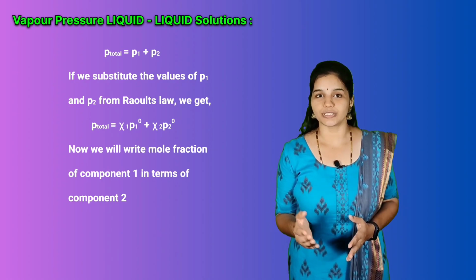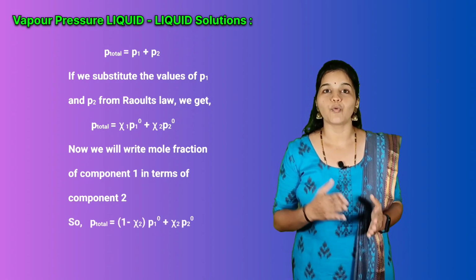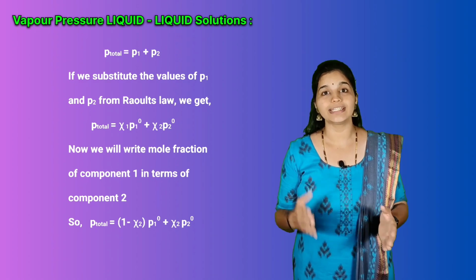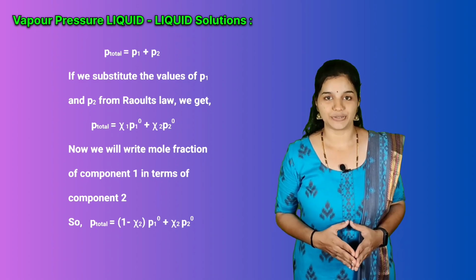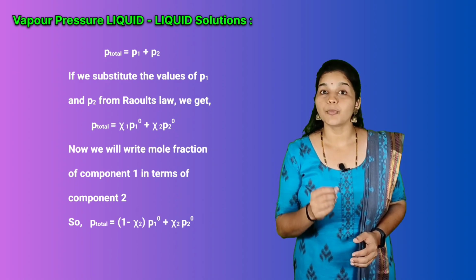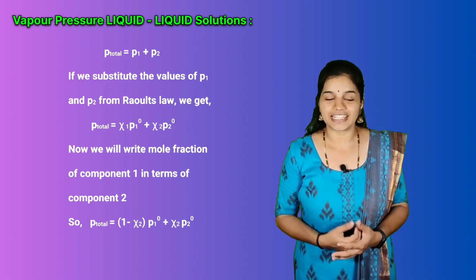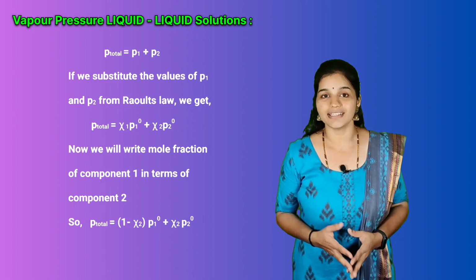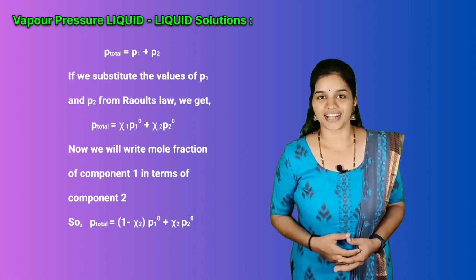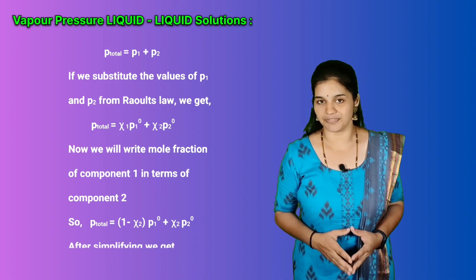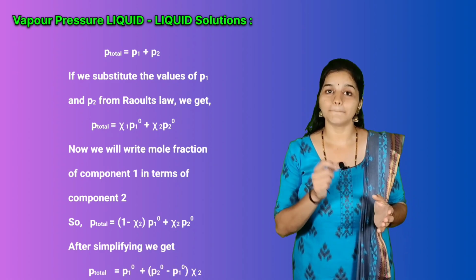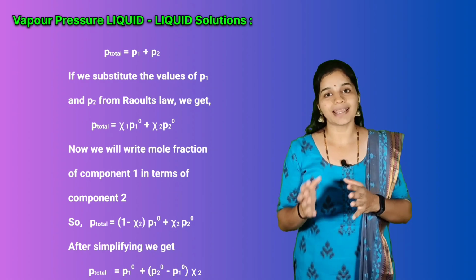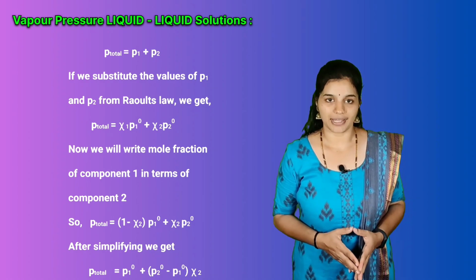So, P total will be equal to (1 minus chi2) into P1 naught plus chi2 into P2 naught. Now you might ask, can't we write chi2 as 1 minus chi1? Of course you can write it. After simplifying, we get P total is equal to P1 naught plus (P2 naught minus P1 naught) into chi2.